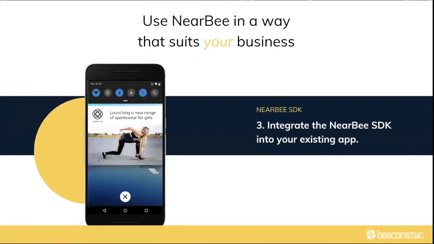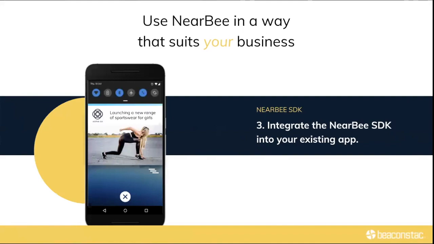Because you may have an existing app that you've built already for your customers, or they may have an app already, which they may say, all right, I have a developer, or I use a platform like Shoutem or business apps or something, and I'd like to integrate NearBee into it so that my app is now beacon aware. And guess what? You can do that. So with the NearBee SDK, which we're making available, you can essentially integrate it in your existing app.